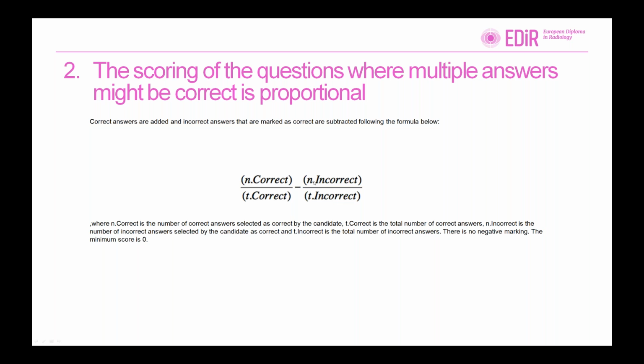These are the number of incorrect answers selected by the candidate, and the total incorrect answers. And this is the formula we use to score the questions when there are multiple answer questions. So this is proportional. There is no negative marking, and the minimum score is 0.